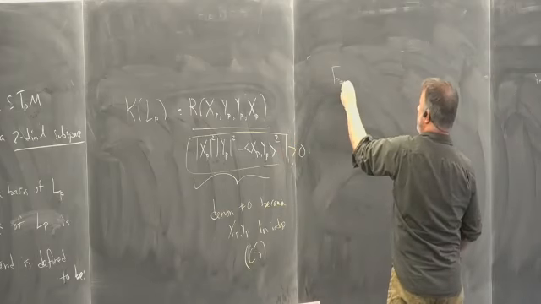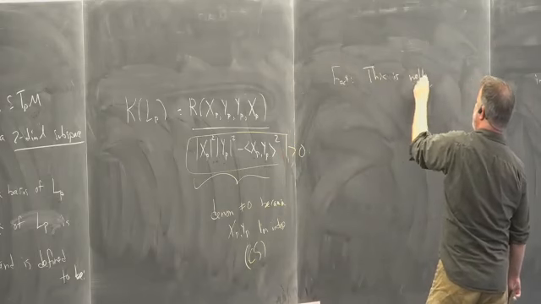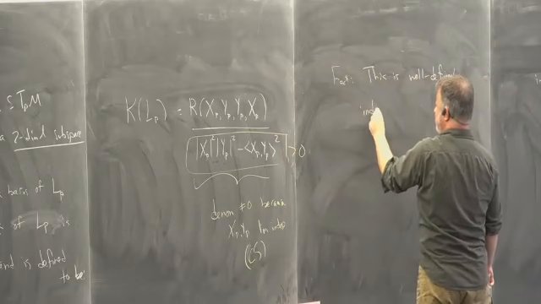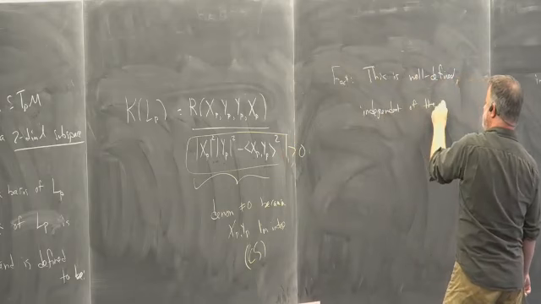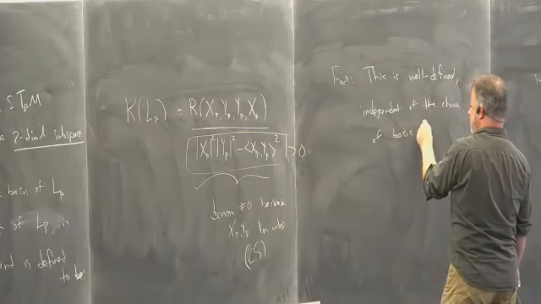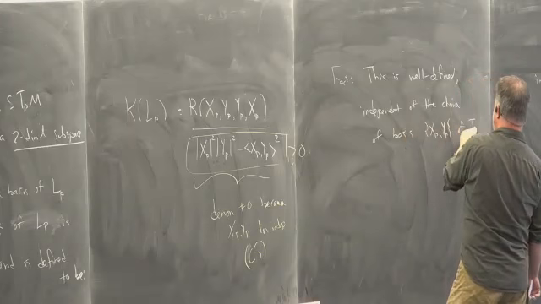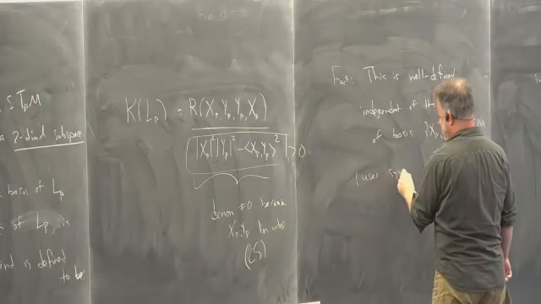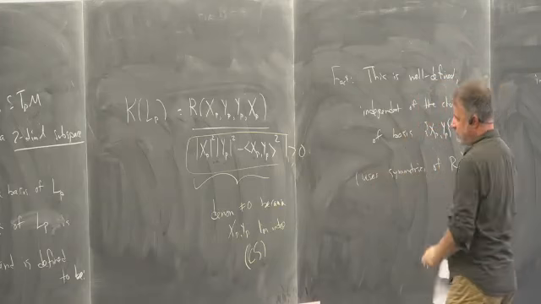So in fact, this is well defined, independent of the choice of basis of XP, YP of TPM. And the proof of this uses the symmetries of the Riemann curvature tensor.